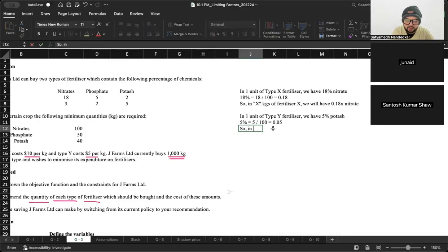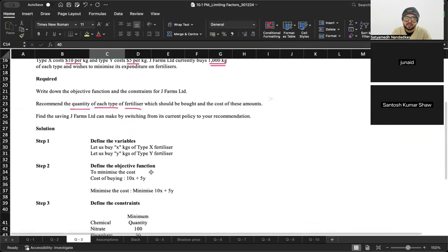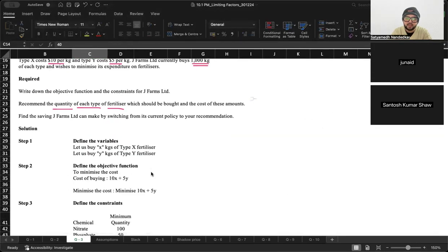So in Y kgs of type Y fertilizer, we have 0.05y potash. ठीक है. The reason I have written this is you should know कि भाई ये how are the numbers getting calculated, because we need minimum this much nitrate, this much phosphate and this much potash. तो ये x kg और y kg में कैसे आएगा, we need to understand that, right?